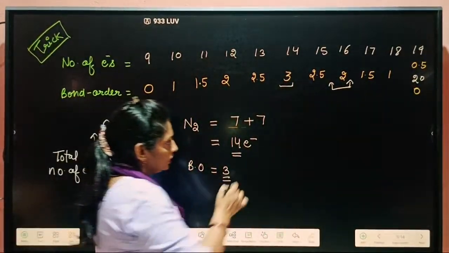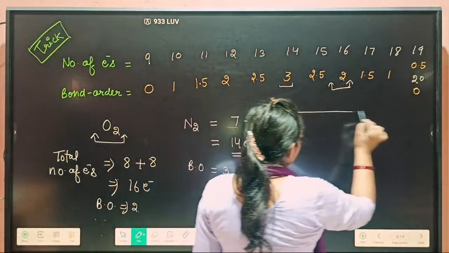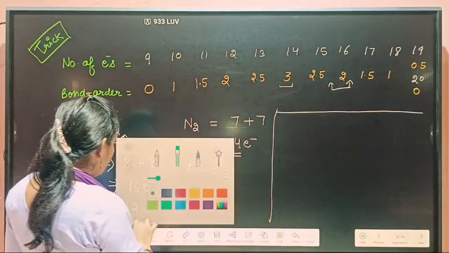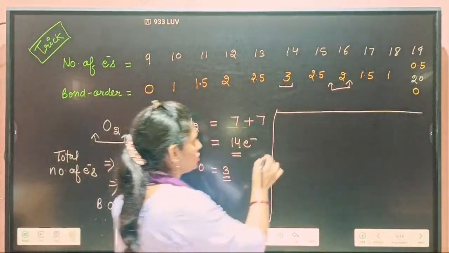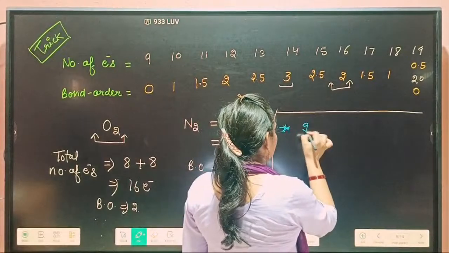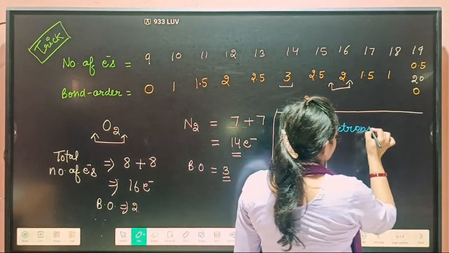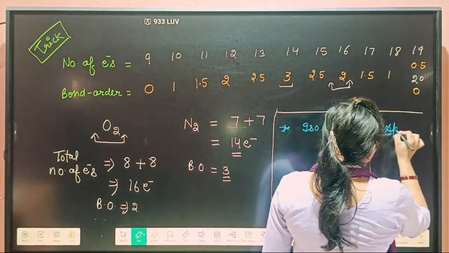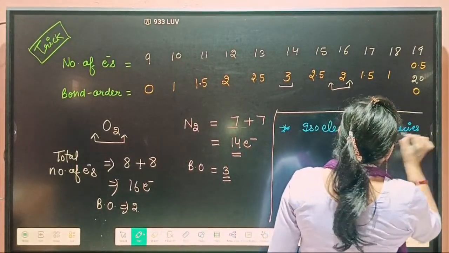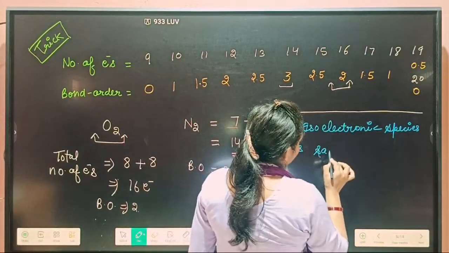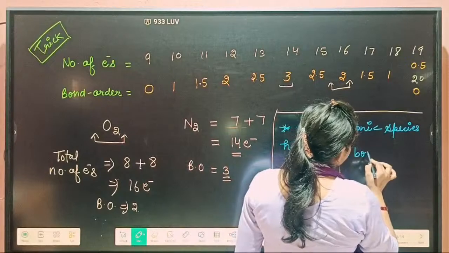Students, from here I can say that isoelectronic species have the same bond order.